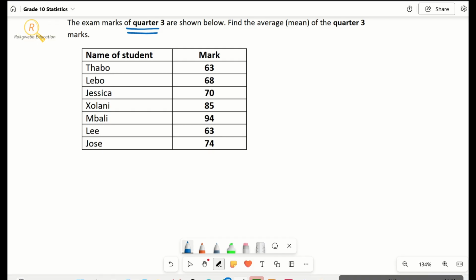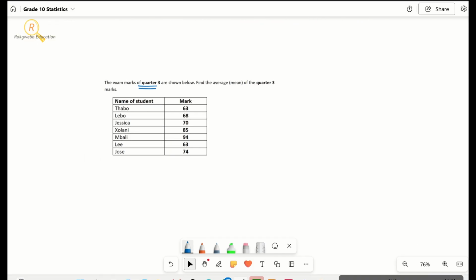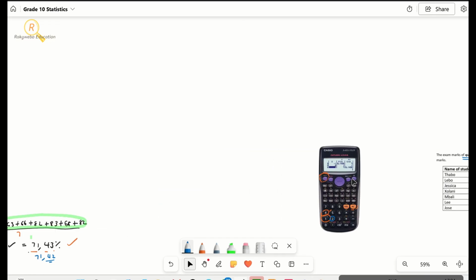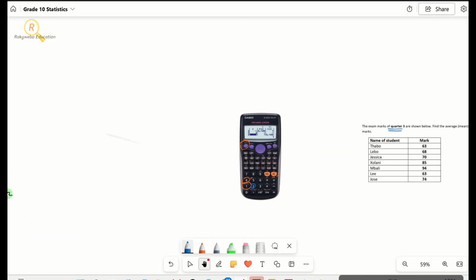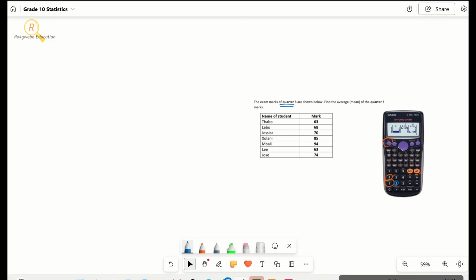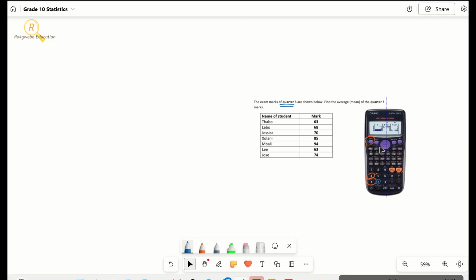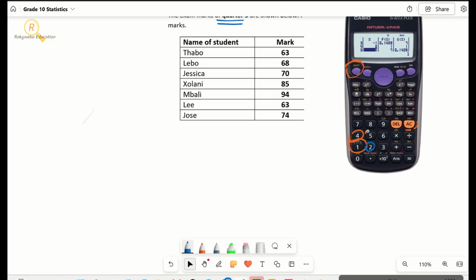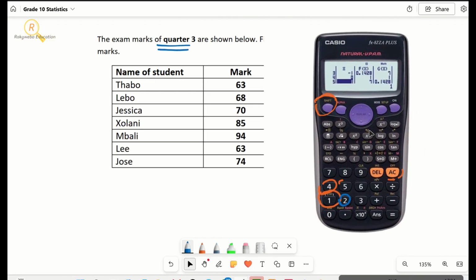Let's put that calculator there again because I removed it. Okay, zoom in. Sharp. So let's find the mean mark using a calculator.